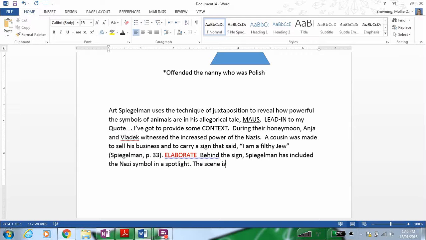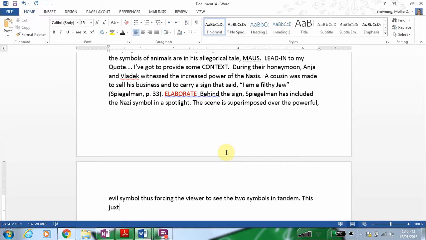The scene is superimposed over the powerful evil symbol, thus forcing the viewer to see the two symbols in tandem. This juxtaposition of mouse and Nazi symbol creates, and then I'm going to keep going.